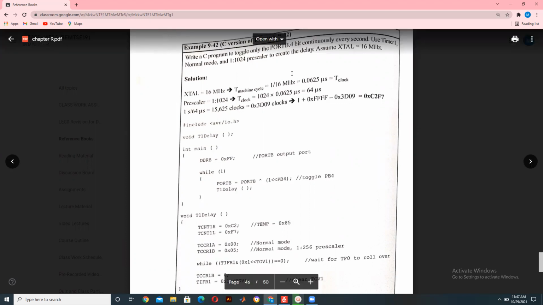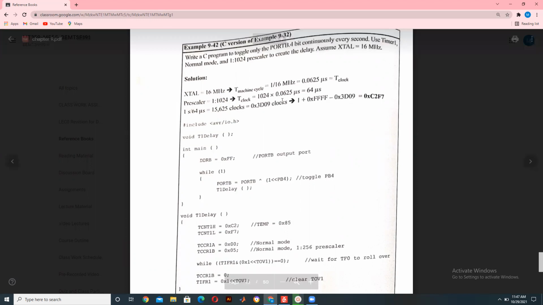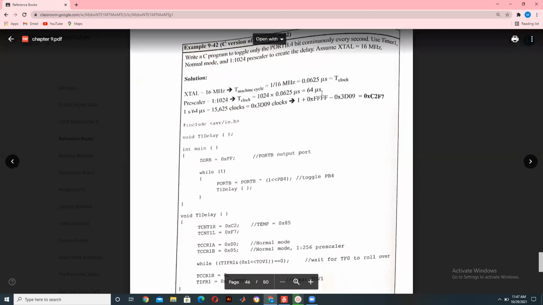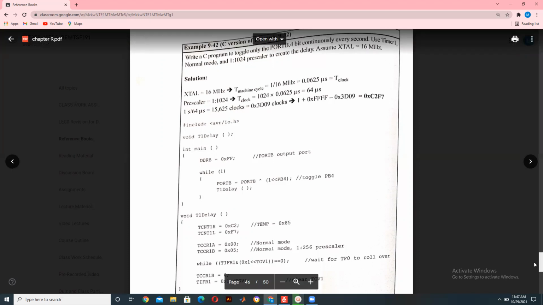Now what we would do, we'll check for the prescalers, and now normal mode and 1024, so 1 divided by 1024, and then we would get this answer multiplied by 0.06 for the clock value, and we got 64, and after that 64 divided by 64 is equal to 15,625 clocks, and after that we get a final answer of 0xC2F7.